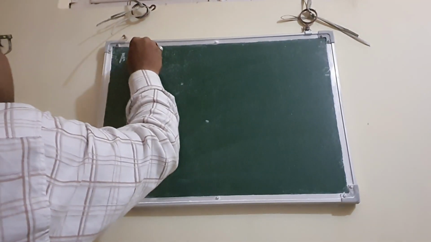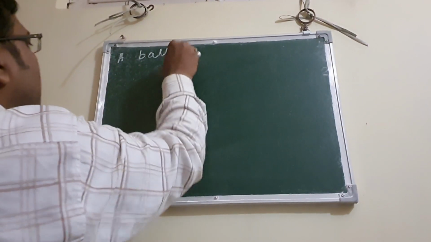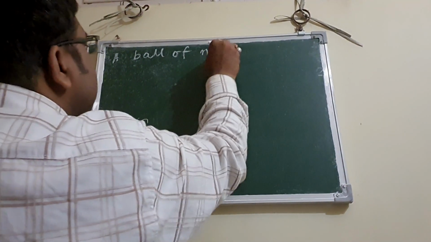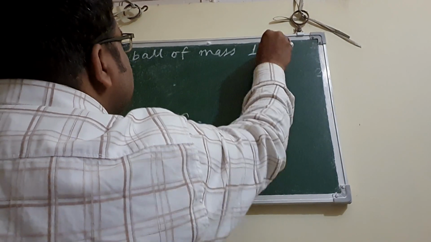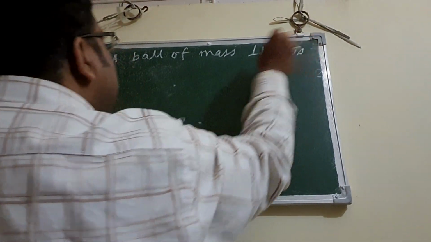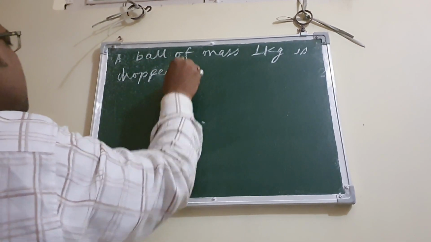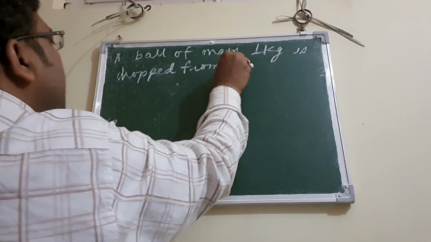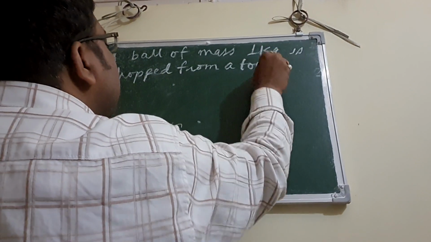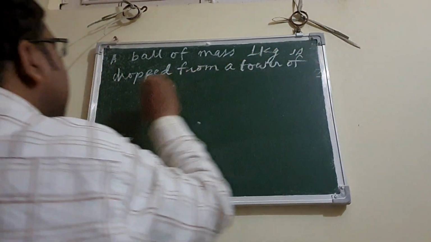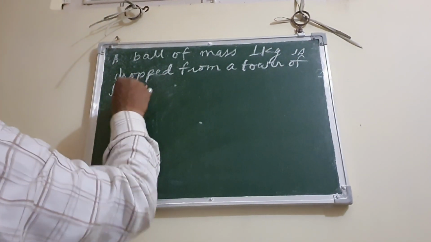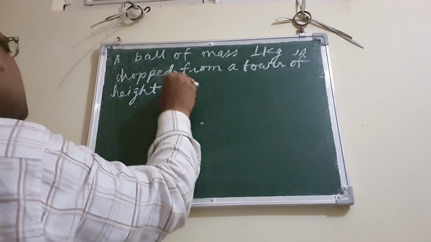A ball of mass 1 kg is dropped from a tower of height 100 meter.